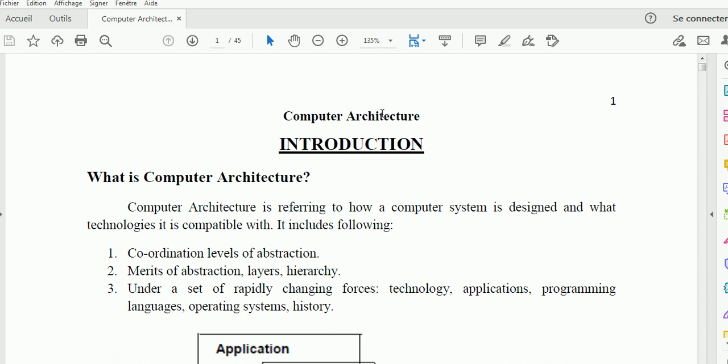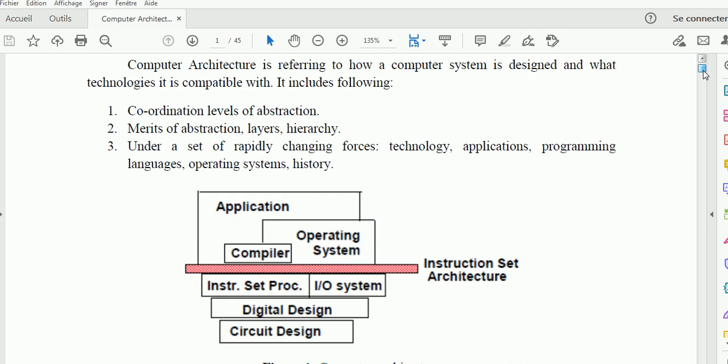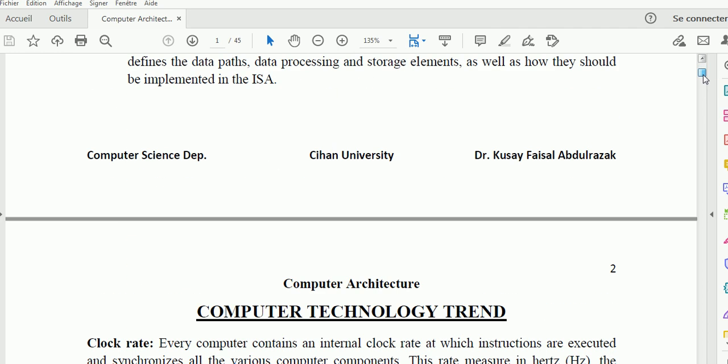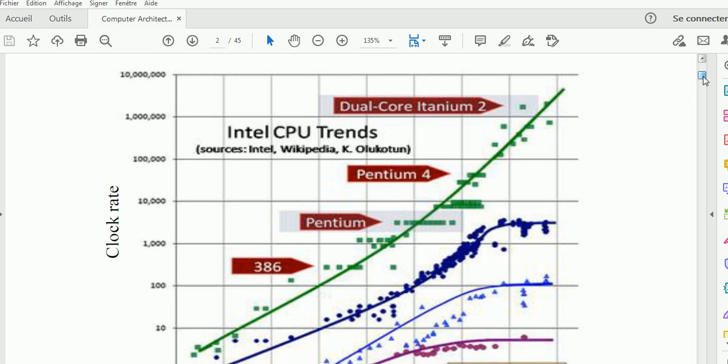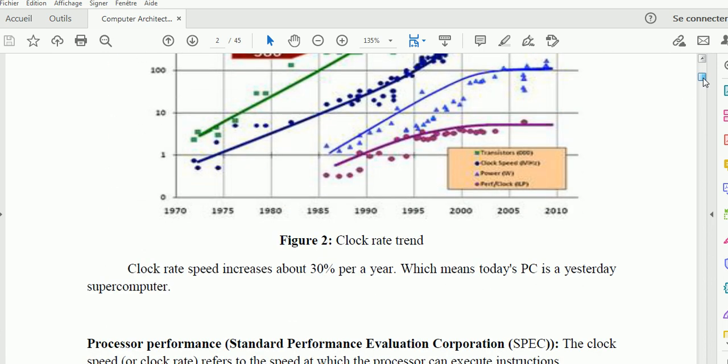Actually, after I gave you an introduction last lecture about computer architecture, I also talked with you regarding Moore's law. If you remember, I told you that Moore's law shows that the processor is going to double roughly every 2 years or every 1.5 years, and the registers and memories are going to double every 10 years.